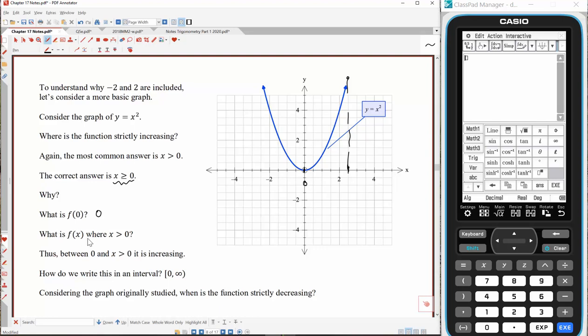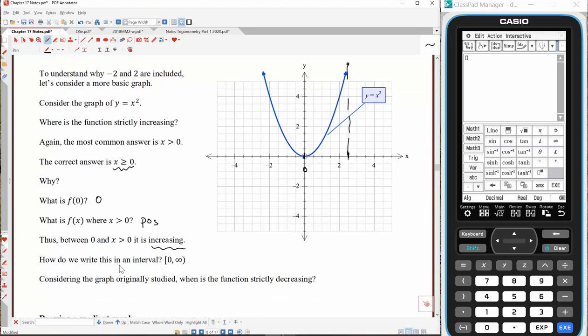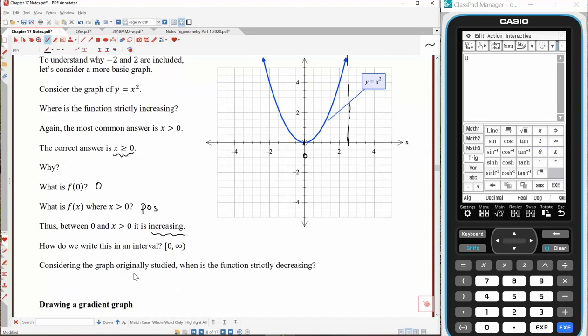And what is f of x, where x greater than 0? Okay, it's always positive. Thus, between 0 and x greater than 0, it is increasing. We can write it in an interval, and that's the more common way you'll see it, is 0 to positive infinity, inclusive of the 0. So when is it strictly increasing? So many students will say something like this.